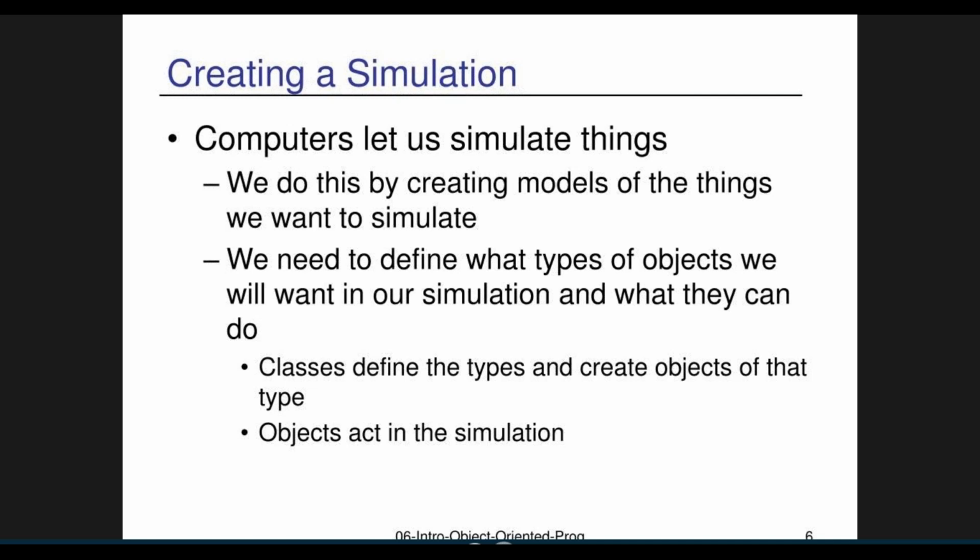Class ITA, class ITB, class ITC, class ITD, class EEE. A class is nothing but a blueprint. A class has 60 students or 80 students, depending on the strength. They have their own attributes, their own behavior. So classes define the types and create objects.